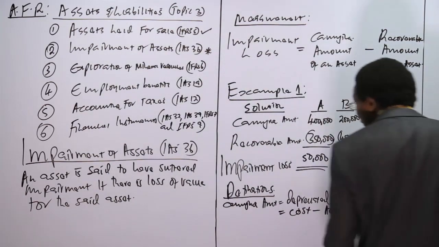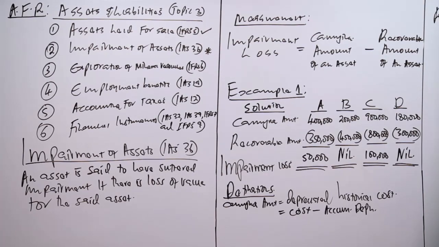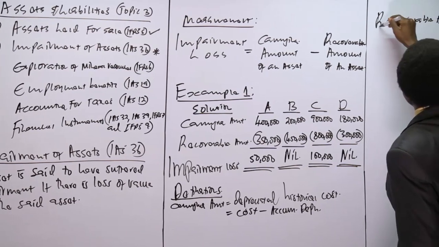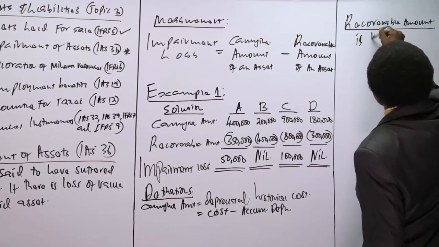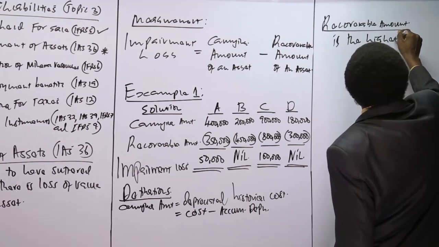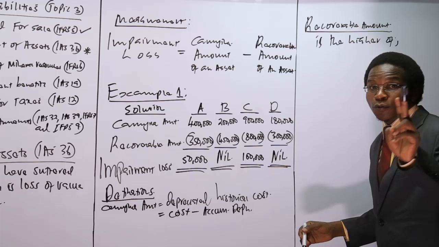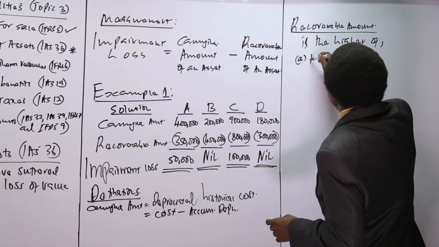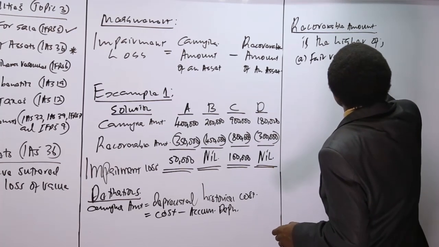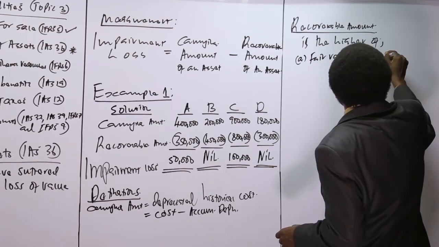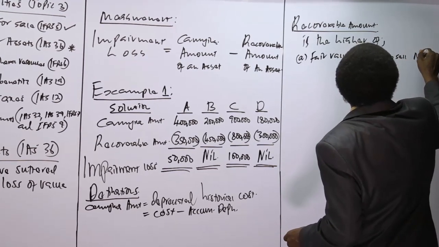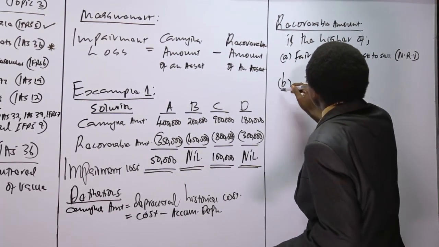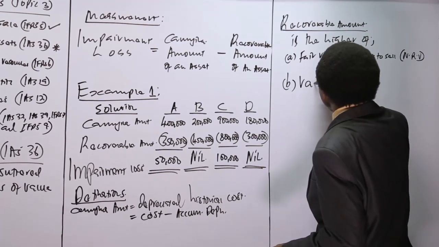Now, how about the recoverable amount? The recoverable amount is the higher of two values. A, fair value less costs to sell, which we call net realizable value. Or B, value in use.